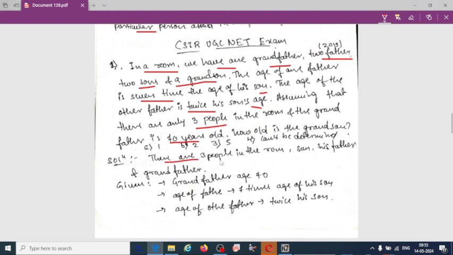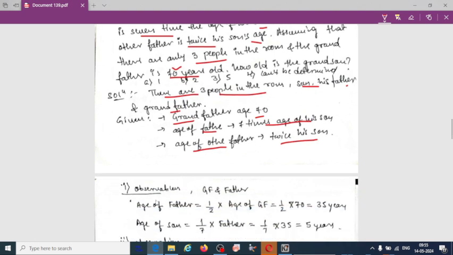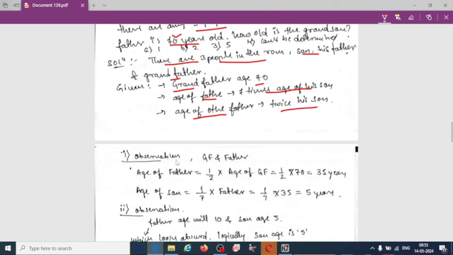So there are 3 people in the room: son, father and grandfather. They have given the grandfather's age as 70. The age of the father is 7 times the age of his son, and they have given that the age of the father is twice his son's. With this given data, we can make the observation here.